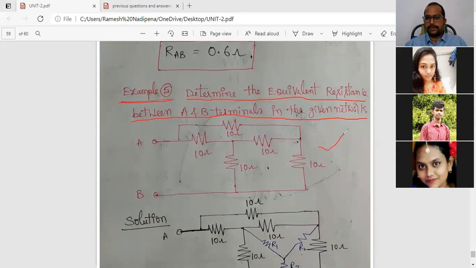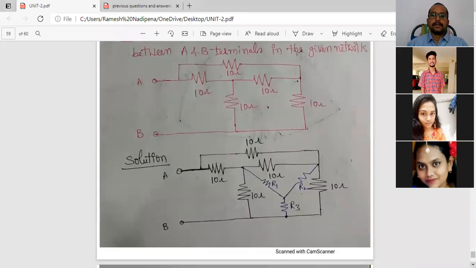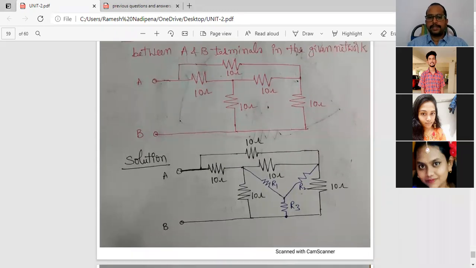Now draw the circuit diagram, all of you. Right. So step number 1 is convert delta current elements into star. Here, see, this is star fashion.